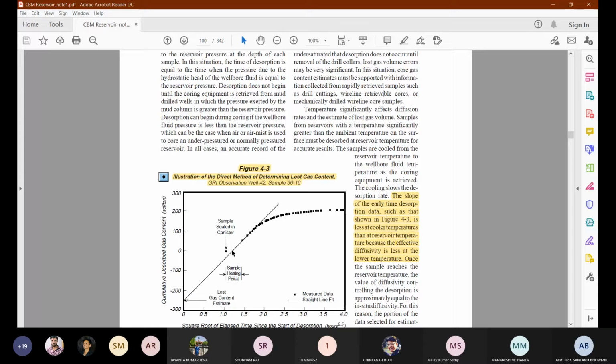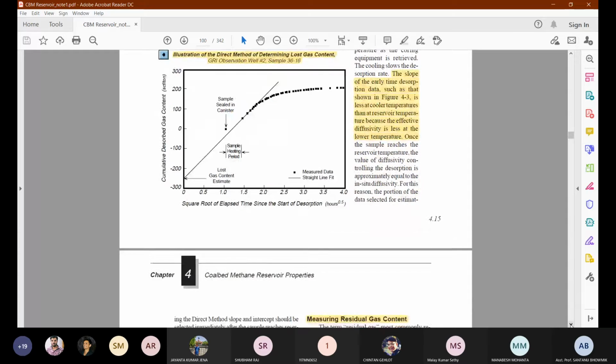Coal is a sedimentary rock, a totally heterogeneous type of rock. Although for modeling we consider it continuous, homogeneous, isotropic and linearly elastic, in the actual field it is not. It is a rock mass, so it will never behave in an isotropic way. It is very much anisotropic. So again you need to understand that this slope is going to vary for different coal samples.